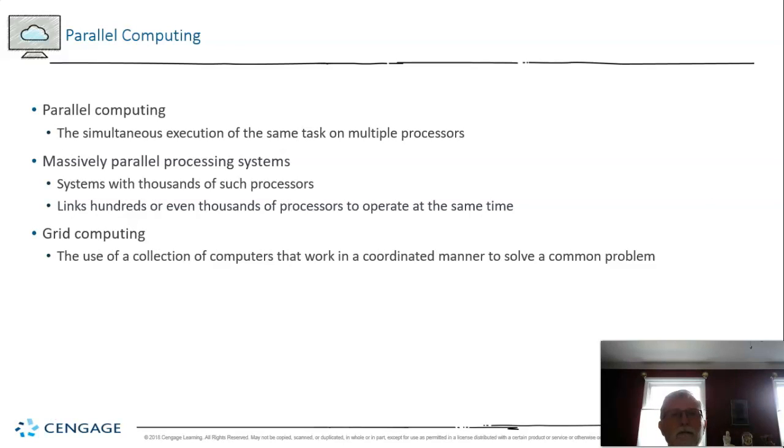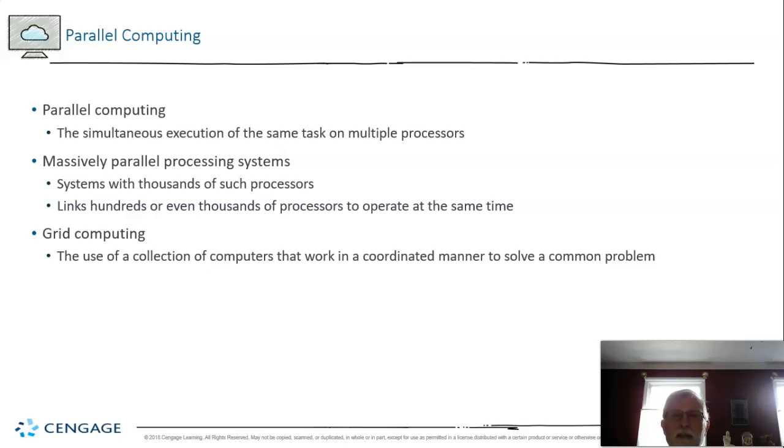Now, parallel computing is the simultaneous execution of the same task. You take a set of n instructions, split it up, let it run on multiple processors, and then bring it back together. Some of your fastest computers out there are massively parallel processing systems, with thousands of processors working in parallel.